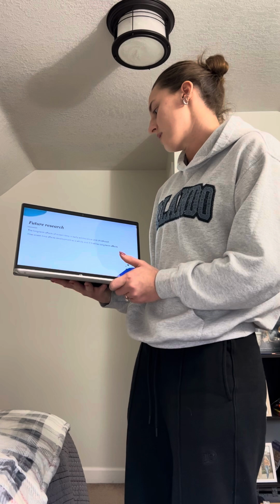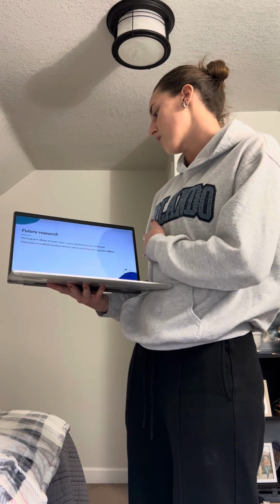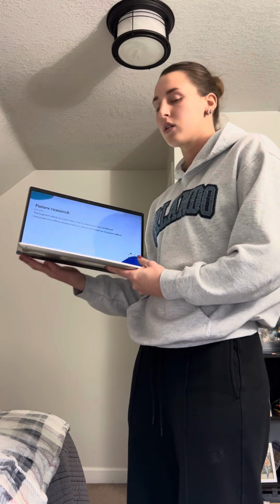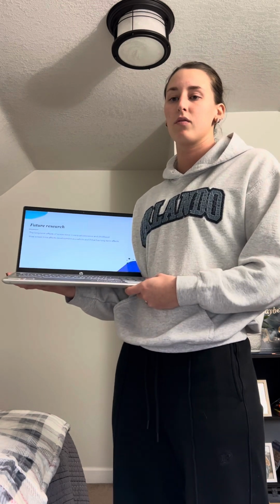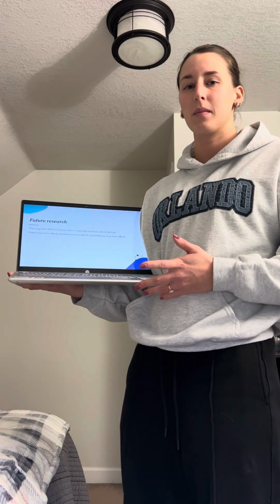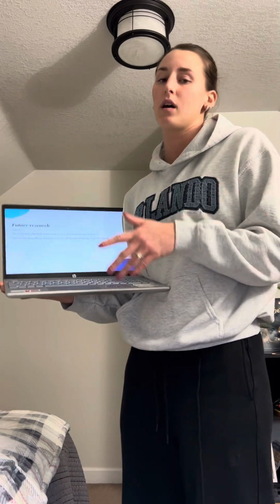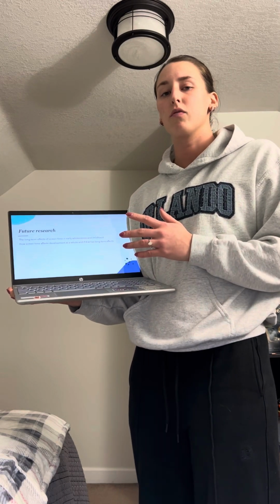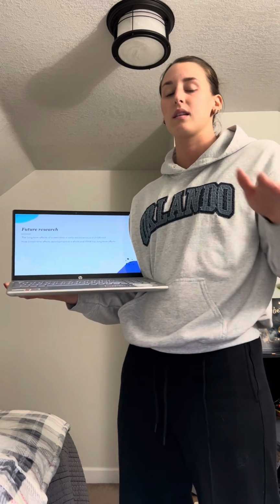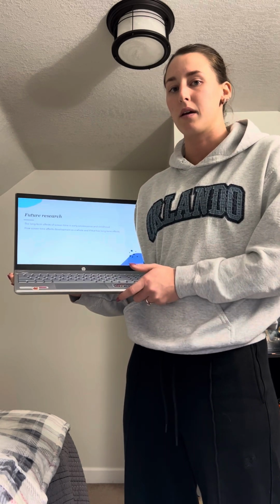And like I said, another thing is how screen time affects development as a whole, and if that has long-term effects. So seeing if a child has a lot of screen time in their younger years, once they get to elementary or middle school, if they catch up with their language development, or if they stayed the same because they had so much screen time as a child.